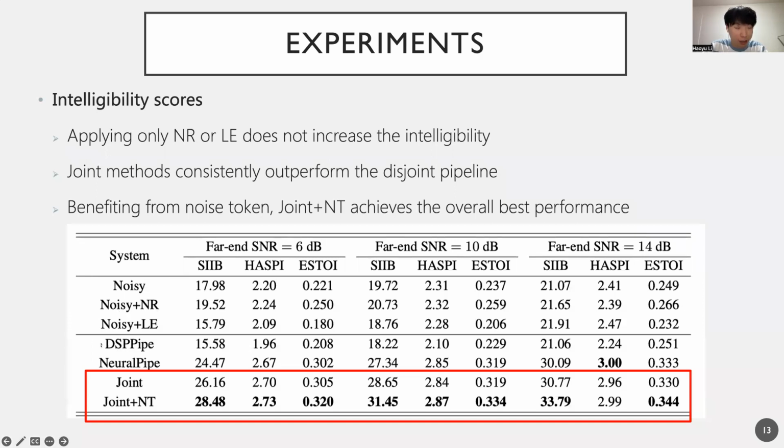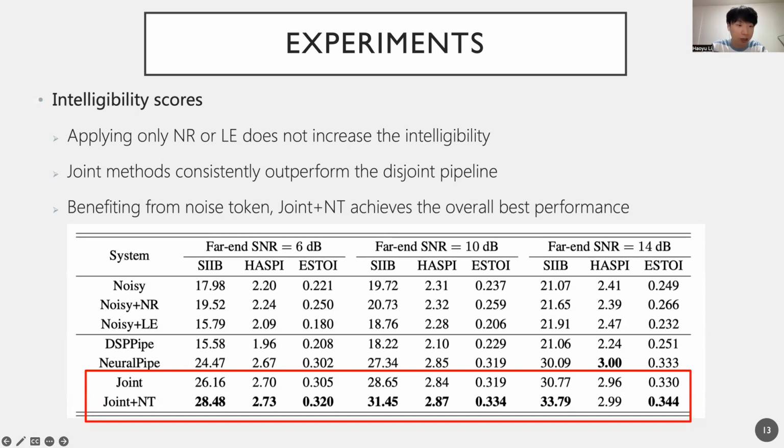The next 2 lines are the so-called disjoint pipeline systems. In the DSP pipeline systems, we use DSP-based methods as the noise reduction and listening enhancement modules. Similarly, we use neural network-based systems for the neural pipeline systems. The last 2 lines are called joint methods, in which we jointly optimize the noise reduction and listening enhancement modules within a unified framework.